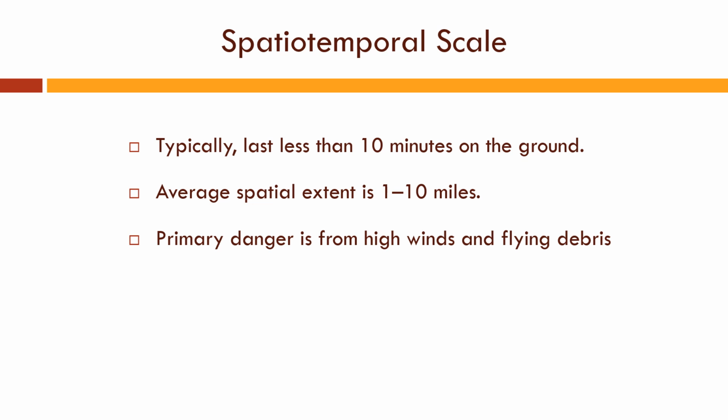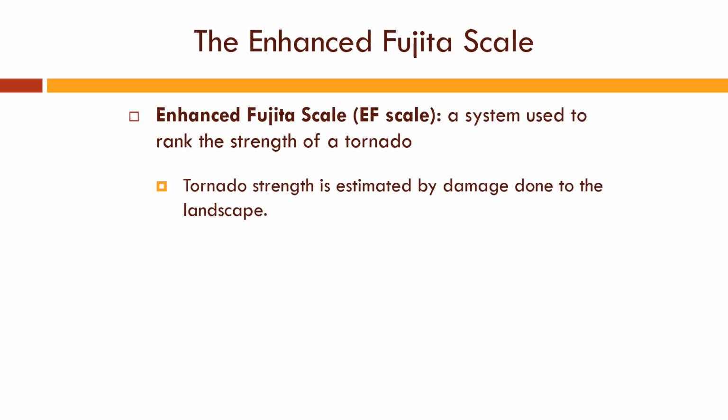This was developed by Dr. Ted Fujita of the University of Chicago in 1971. And then later on, they did add on to that based on a few other refinements, and it turned into the Enhanced Fujita Scale, or the EF scale for short.